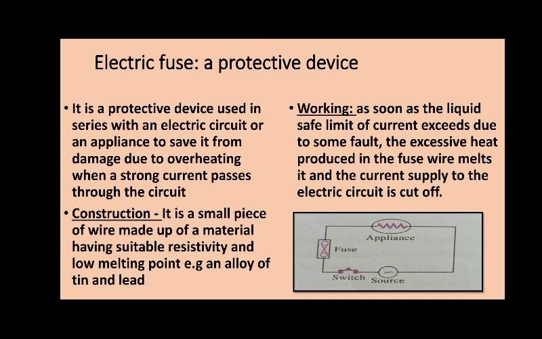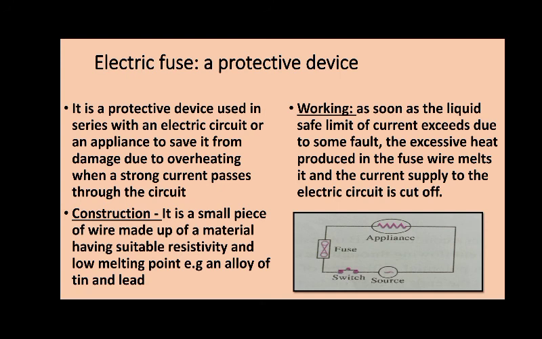So how does this electric fuse work? When the safe limit of current is exceeded due to some fault, the excessive heat produced in the fuse wire melts it. When a current more than its limit passes through the circuit, what happens? As a result, the wire gets heated up, and due to this overheating the wire melts.